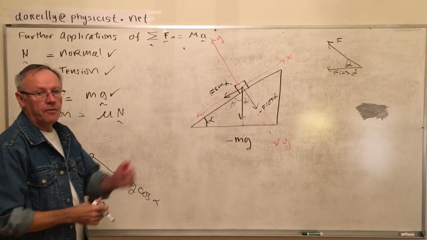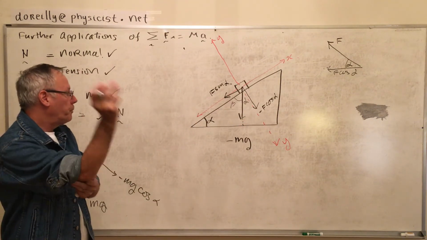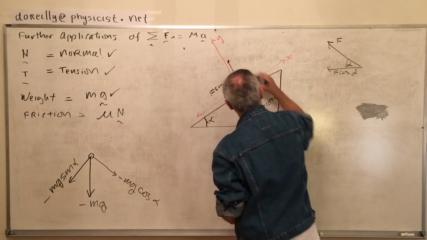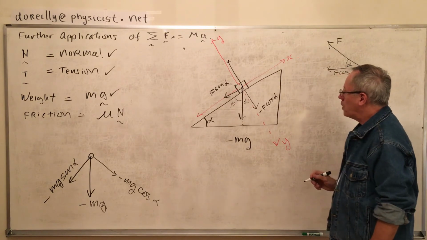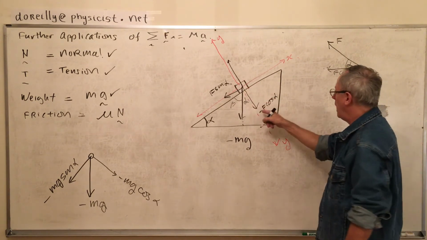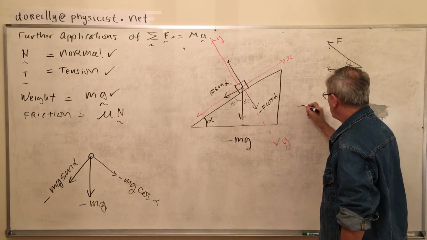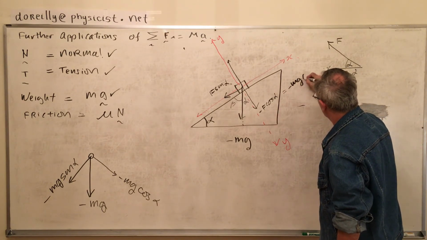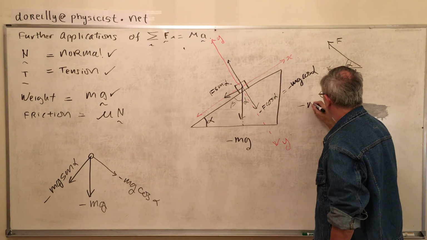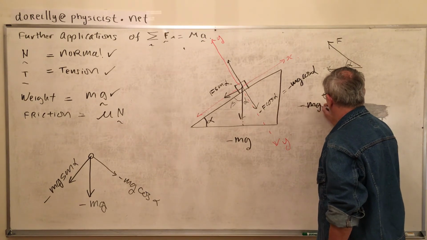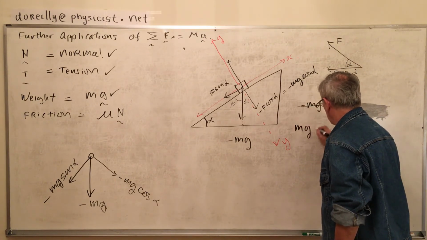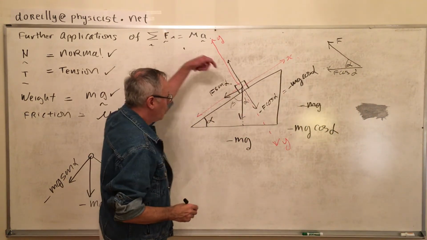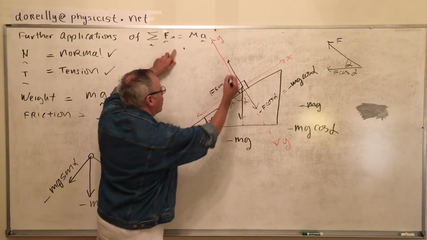Let's see what the normal force is for this particular case. The normal force acts this way. So if we want to add up all the forces in the y direction, I have minus, and F is mg, minus the weight plus the normal force.